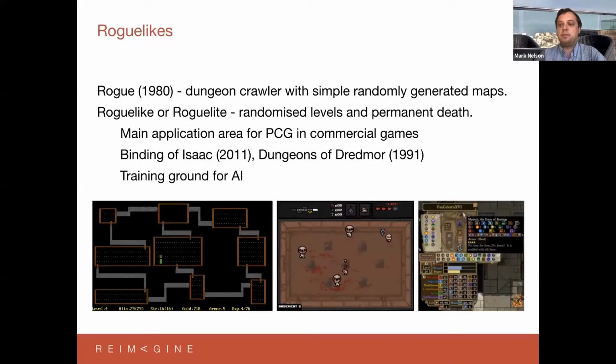Roguelikes are the main application area for procedural content generation in commercial games, due to their reliance on every play session being fresh. Some well-known examples include The Binding of Isaac and Dungeons of Dredmor. Roguelikes are also used as a training ground for artificial intelligence.